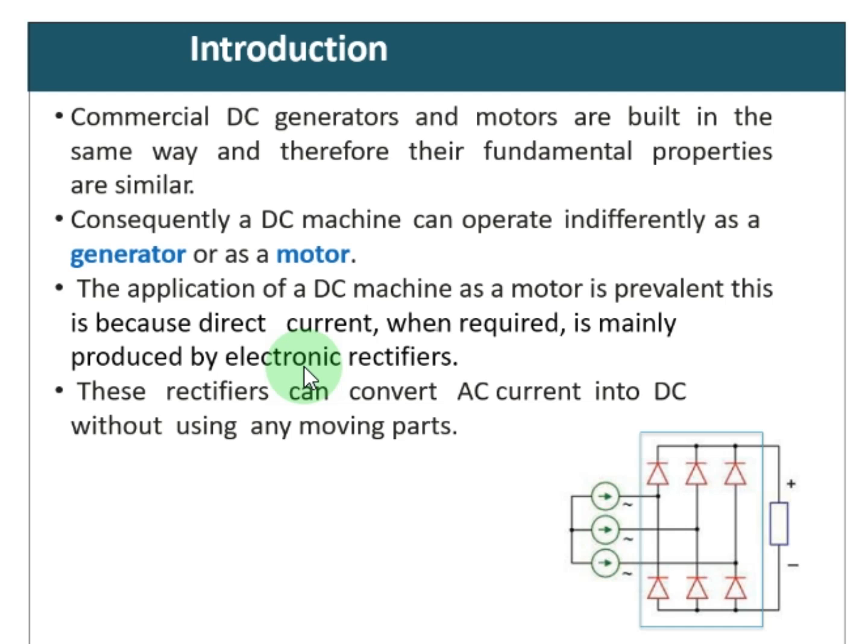That means no mechanical movements are required to generate DC at the moment. Therefore, motors are widely used rather than DC generators. As you have already studied under electronics, by using a diode bridge, you can convert AC into DC very easily, and it is also very reliable and low maintenance.